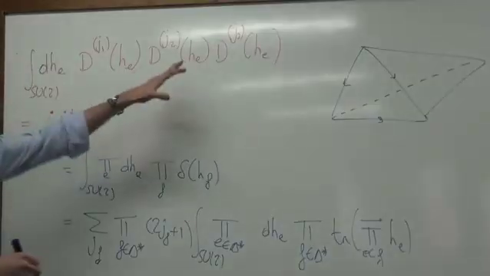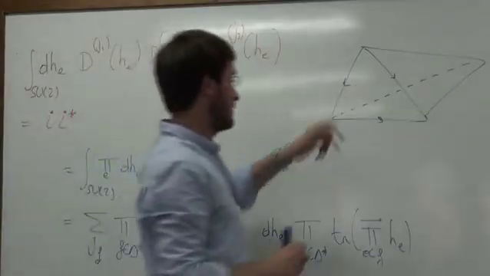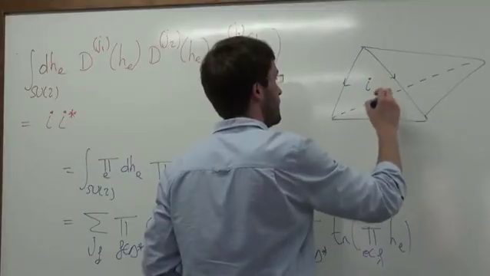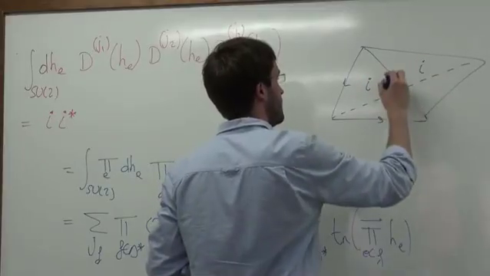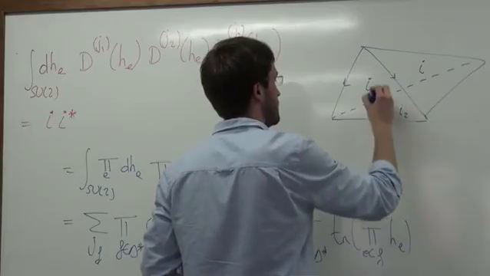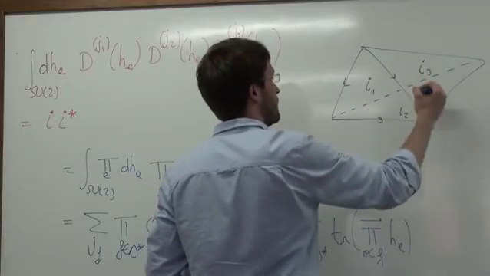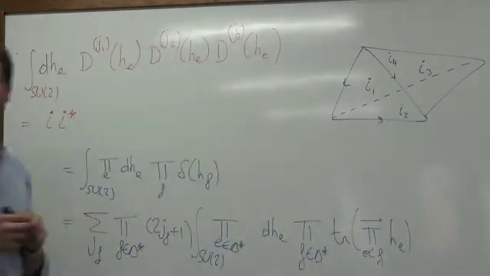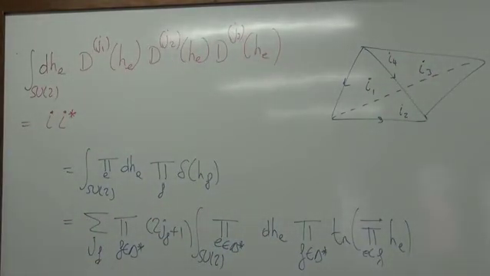And then once I perform this integral, for all of these triangles, I get an intertwiner. I get one here, one in this face, and one face on the back. So this means that the tetrahedron is a contraction of 4 intertwiners.